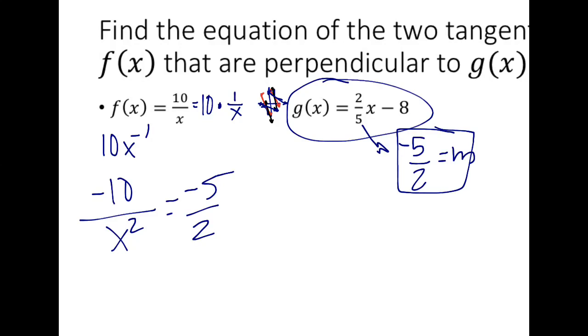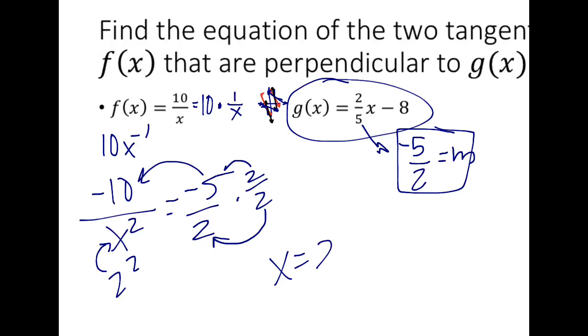So what x value does that happen at? Well, think about this. If I multiplied by 2 over 2 right here, 2 times negative 5 is negative 10. 2 times 2 is 2 squared. Boom, right there. So my x value has to be 2.